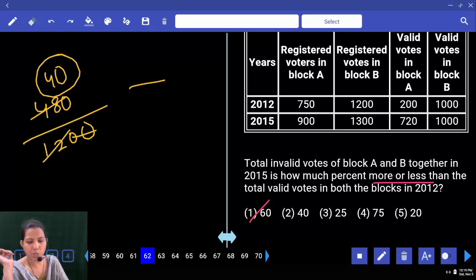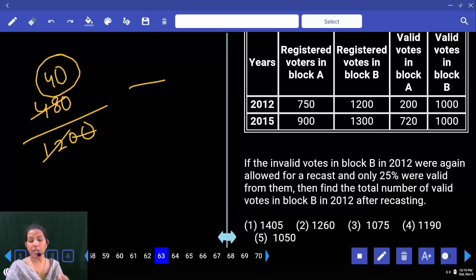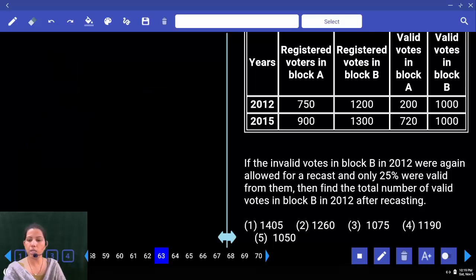Next question number 63. If the invalid votes in block B in 2012 are allowed for a recast. So block B 2012. How many invalid votes? 200 invalid votes. Out of the 200 invalid votes, they allowed recasting. మళ్ళీ re-voting చేయమని చెప్పారు. And only 25% were valid.